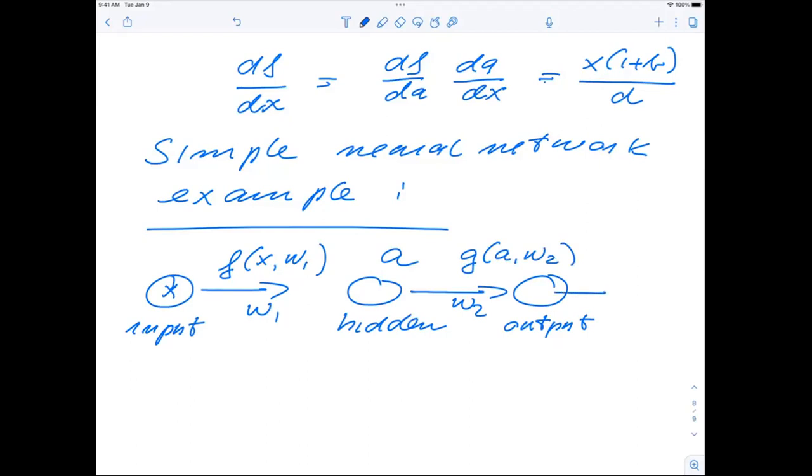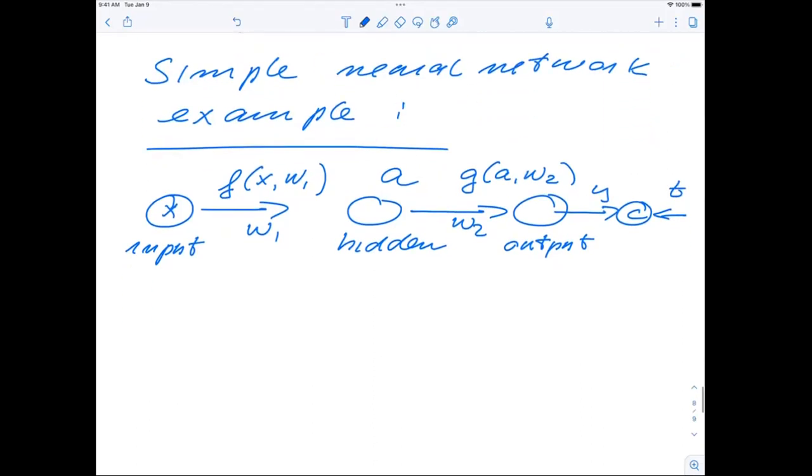That produces an output Y, as before. This feeds into the cost function C, and we are going to compare that with a target value T. So all quantities which we have put in here are scalars. These functions F and G can be thought of as the activation functions.